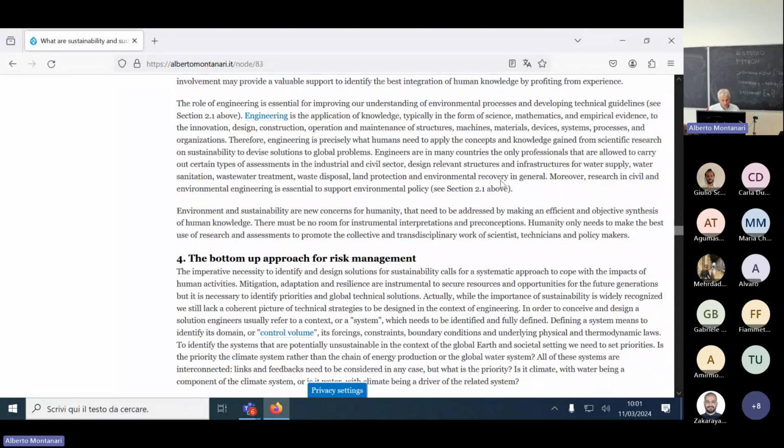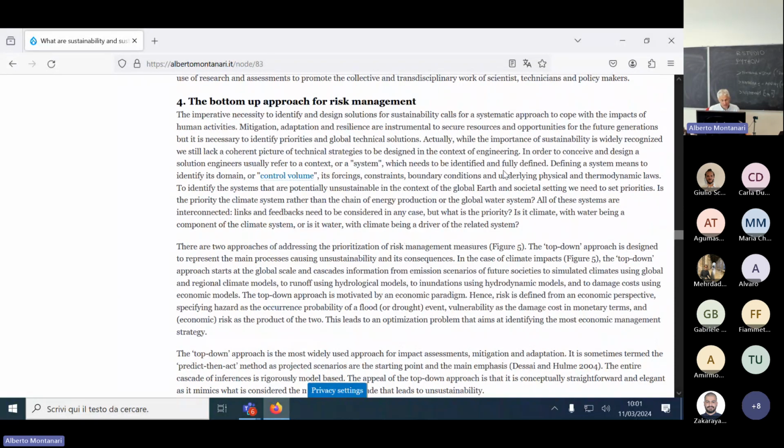And let me now introduce an interesting discussion, which is very current today. What kind of approach should we follow for reaching sustainable development, and also for climate change adaptation?